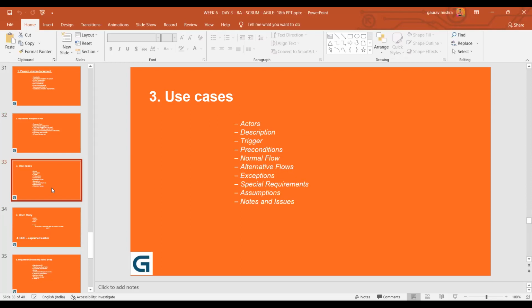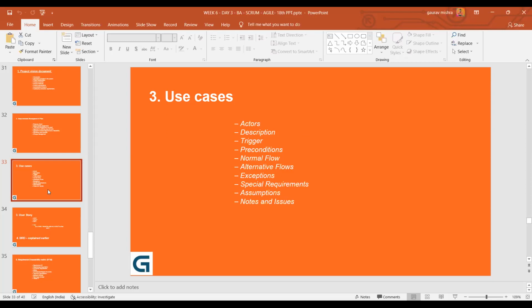So another document. Now this document is very less used because it has taken the shape and the name of user story. But earlier, the use case diagram or use case document used to come as a standalone document, and it used to cater these sections: actors, meaning users, and the description of a particular feature or particular use case.